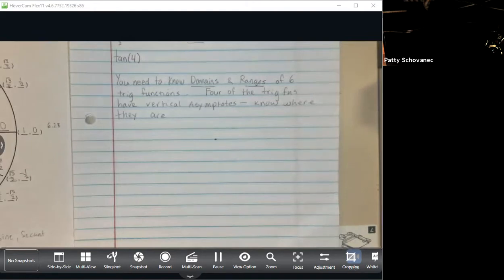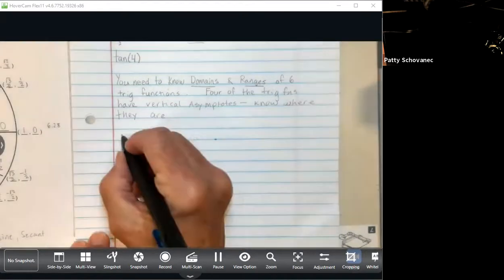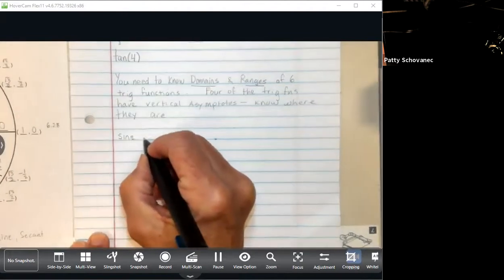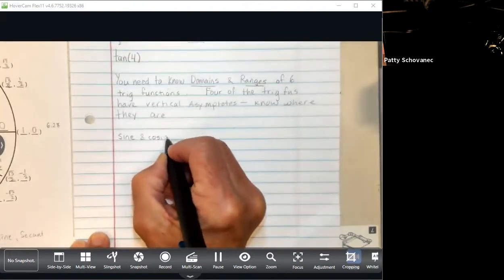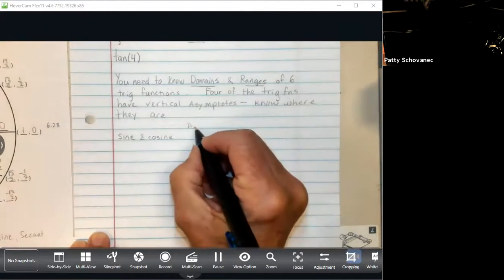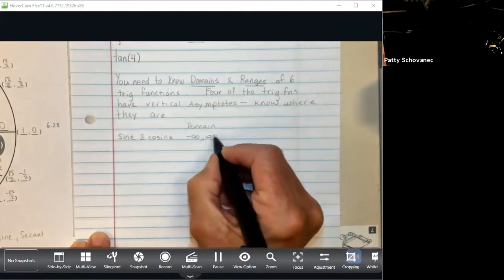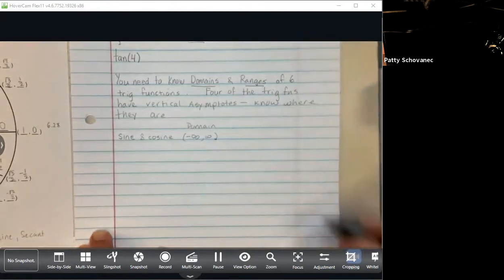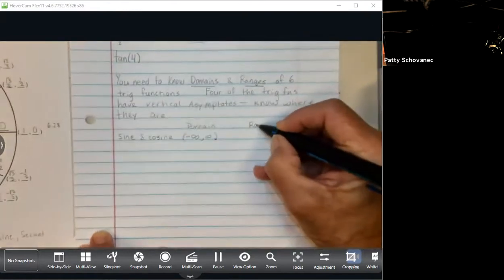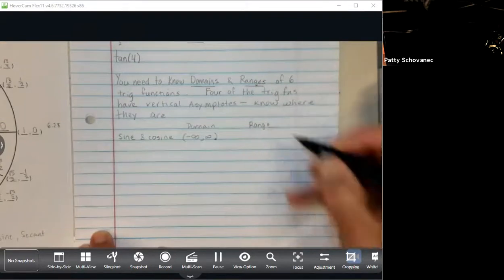So firstly, our sine and cosine functions aren't broken up in any way, shape, or form. So their domains are the set of the real numbers. What do the values of the sine and cosine look like?